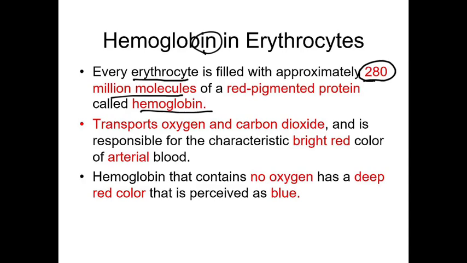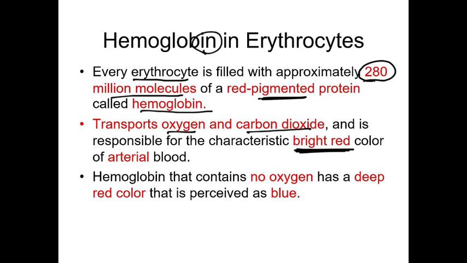A pigment is a colored molecule. In this case, it's a red colored protein called hemoglobin that, by the way, binds and carries both oxygen and CO2. Turns out that when oxygen is bound to hemoglobin, that hemoglobin becomes bright red. That's what gives your blood the bright red color.